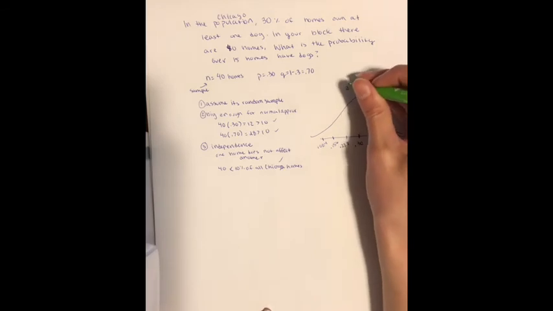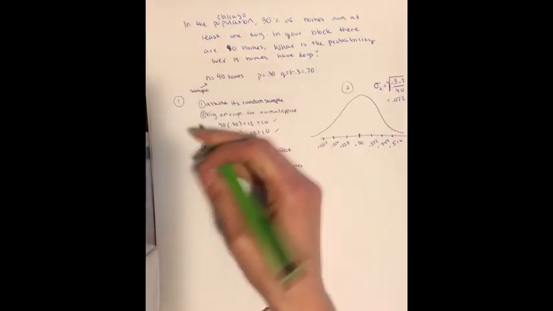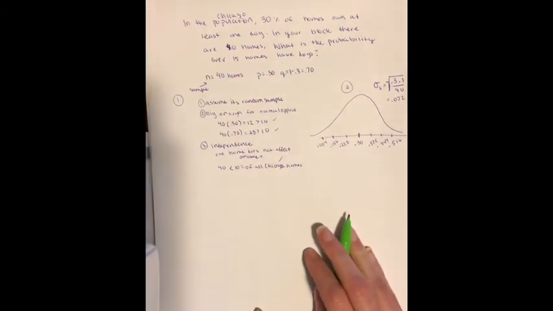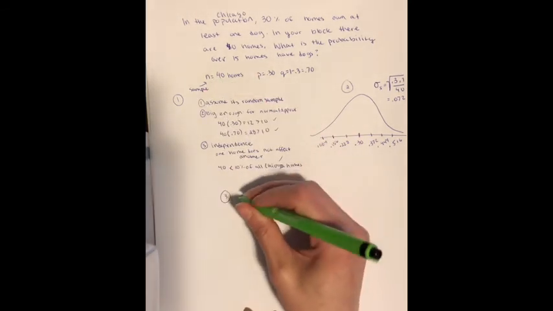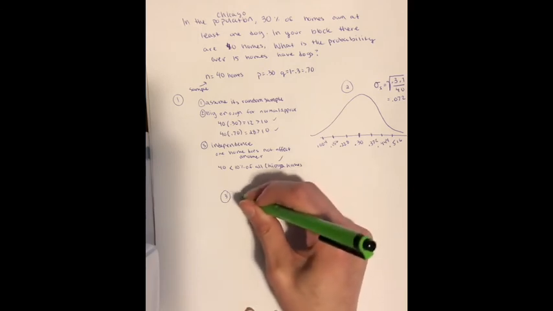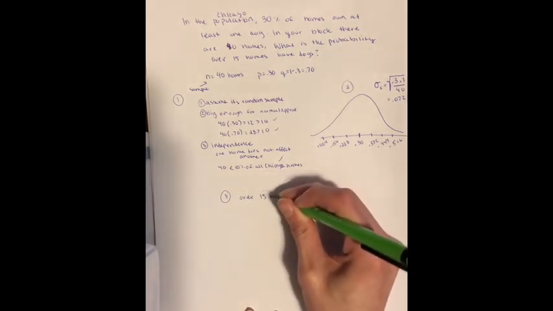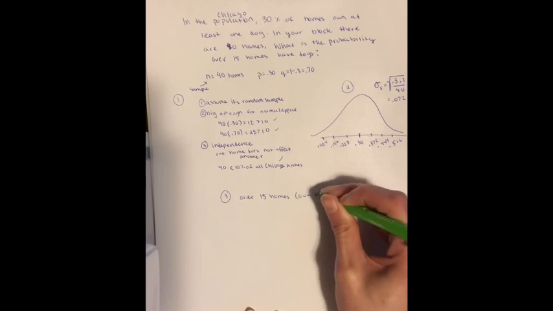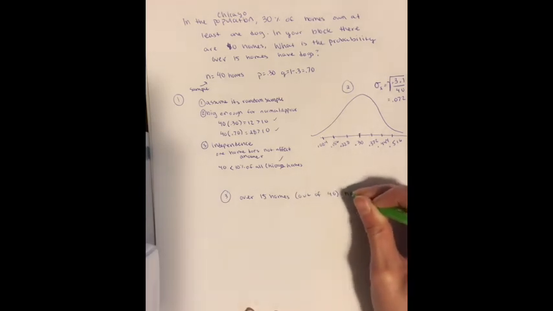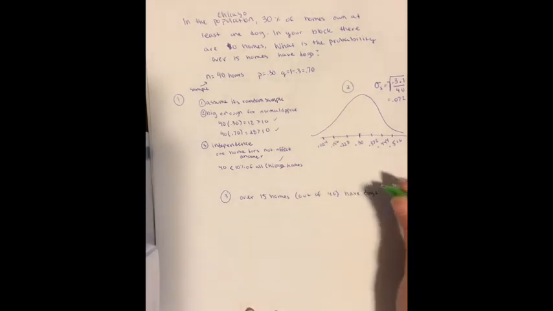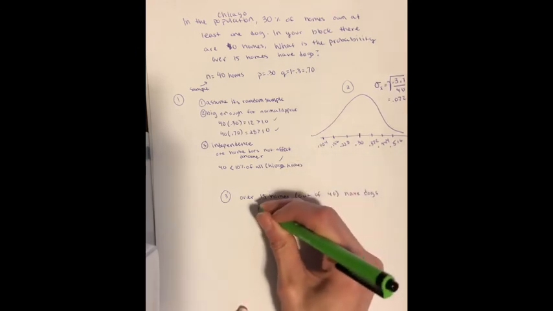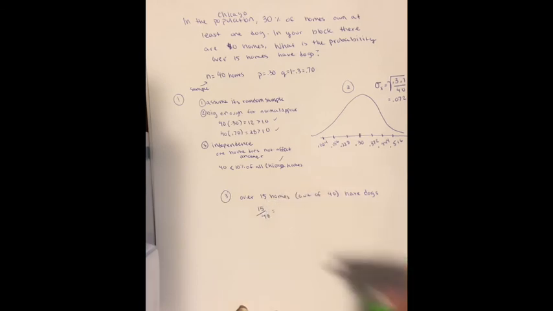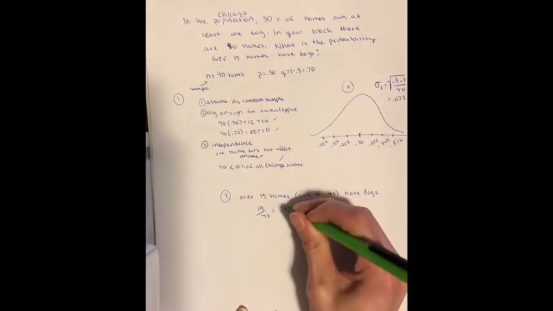Okay, so now the question is, what is the probability? So this was step two, here's our checking conditions, here's our making our curve, and our last step is to find that probability. So what is the probability over 15 homes have dogs? Over 15 homes out of the 40 have dogs. So the first thing is, these are all proportions, so I need to make this into a proportion. 15 out of 40, that's 0.375.